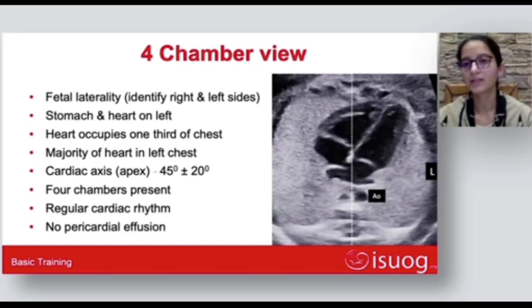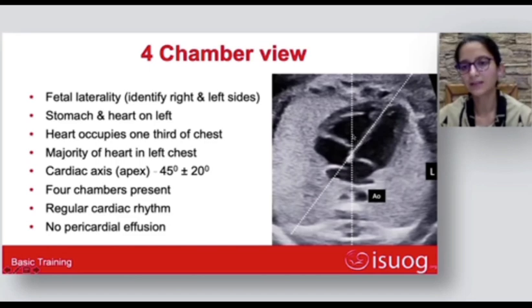Another measurement that we can take here is the measurement of the cardiac axis, which is determined by first having this antero-posterior line from the sternum to the spine, and then drawing a second line intersecting it. And this second line, as you see here, goes through the cardiac apex, the interventricular septum, and the septum primum.